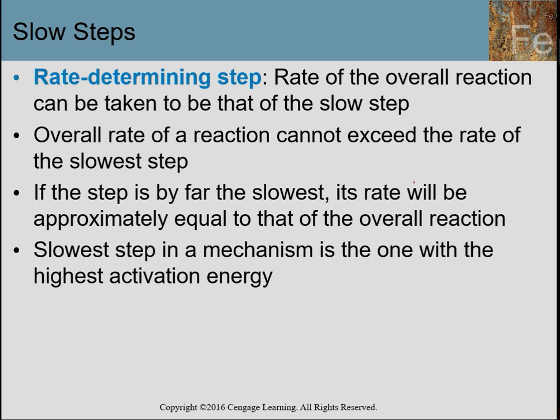The Christmas cards were not going to go out any faster until we sped up the rate determining step, or the slowest step. That was my ex-wife filling out the Christmas cards. Now, one year, upon deciding that this was taking way too long, I suggested that we swap roles.